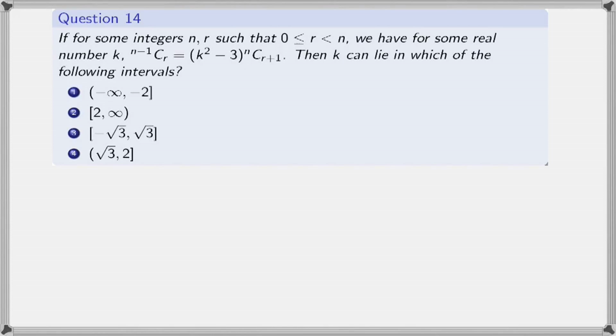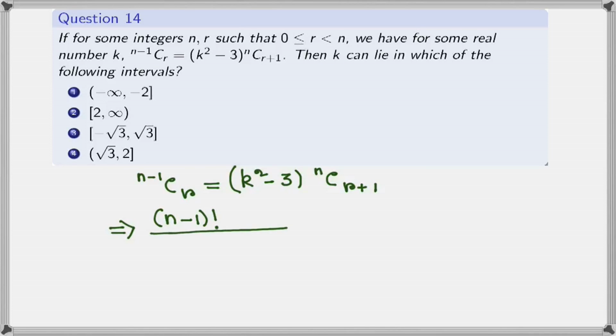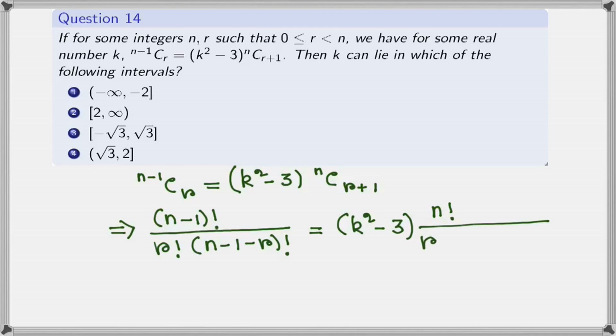We use the information that (n-1)Cr = (k² - 3) nC(r+1). That means (n-1)! divided by r!(n-1-r)! is equal to (k² - 3) times n! divided by (r+1)!(n-r-1)!.